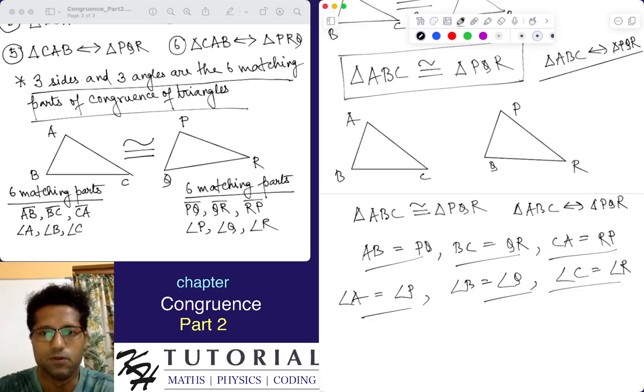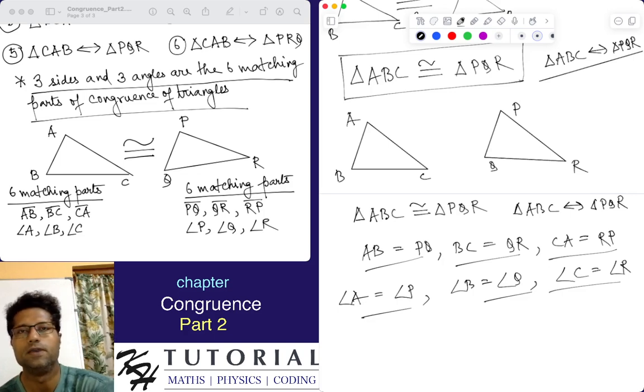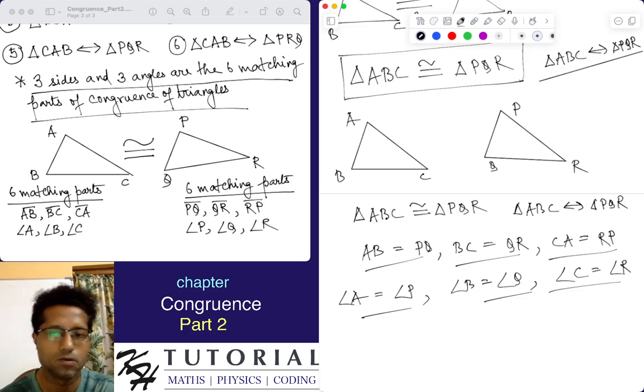In the next video, part 3, I will start discussing the 4 different conditions using which we can say whether two triangles are congruent or not.